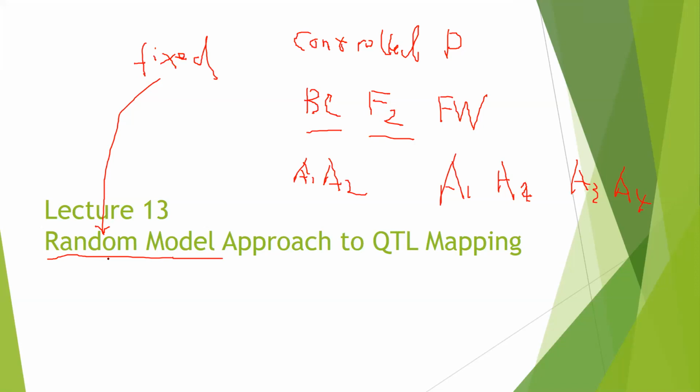In that case, or if your study population is a very complicated population, we have to use a random model. So what's the difference between the fixed model and the random model?